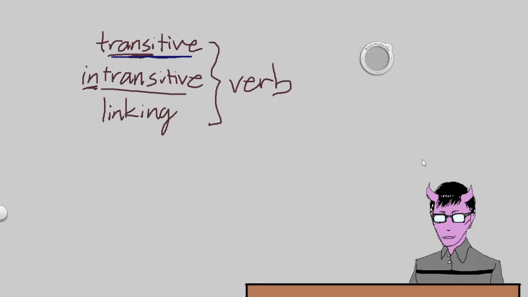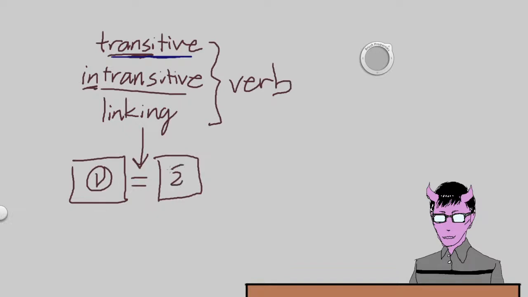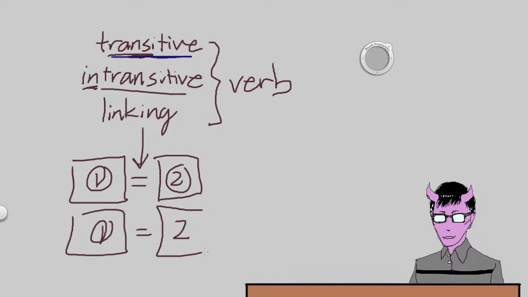And then with the linking verb, all you need to do is you need two arguments always, and the linking verb is, for all intents and purposes, roughly equivalent to an equal sign. So thing number 1 is either fully identical to thing number 2, in that they're both nouns, or thing number 1 has qualities expressed in thing number 2.